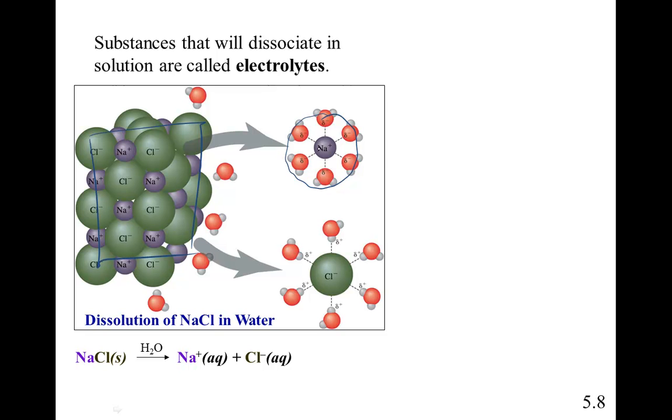Like charges repel each other, opposites attract. So this is an opposite, partially negative with this positive. Down here, the partially positive hydrogens orient themselves towards the negative ion, the chloride ion. And so it creates a cage around these ions so that they can't get back together. And that's what we call dissolution, or dissolving.